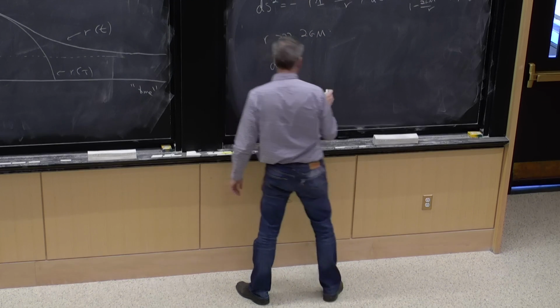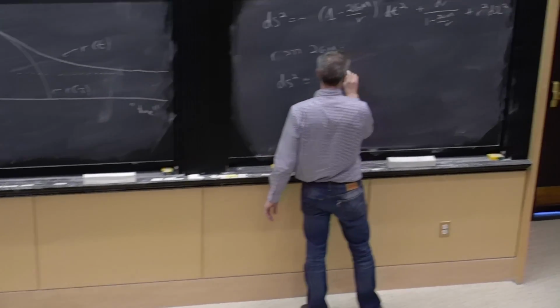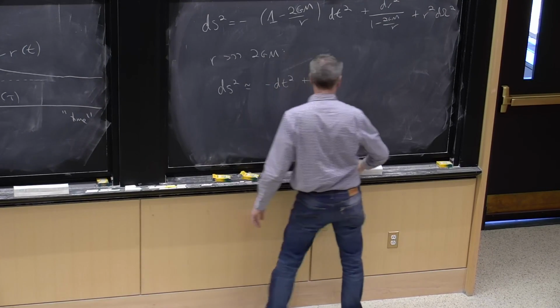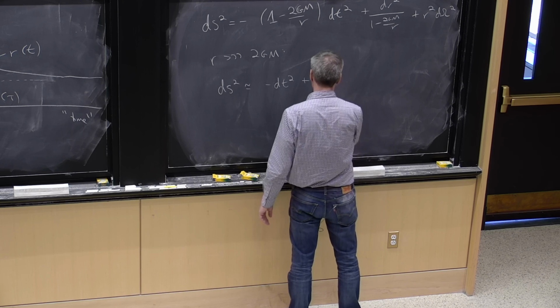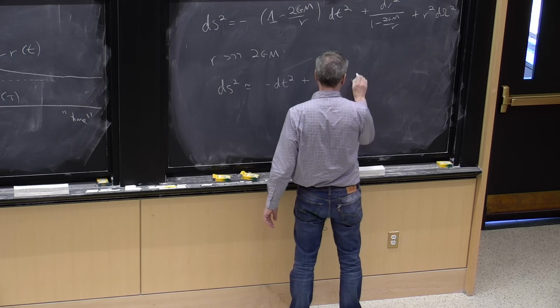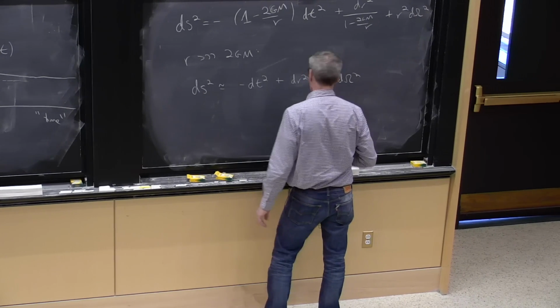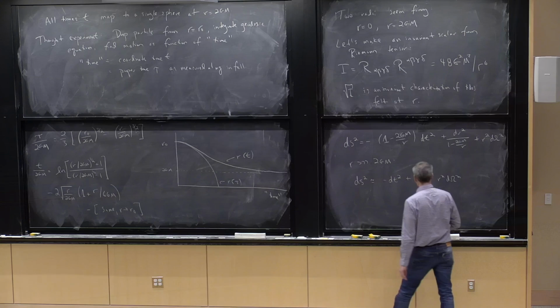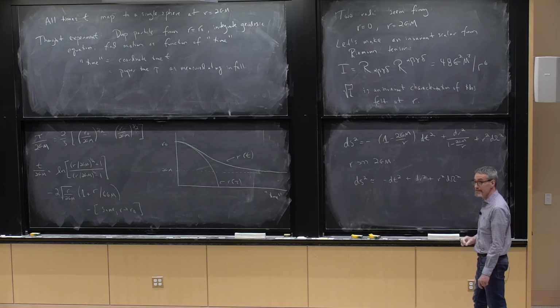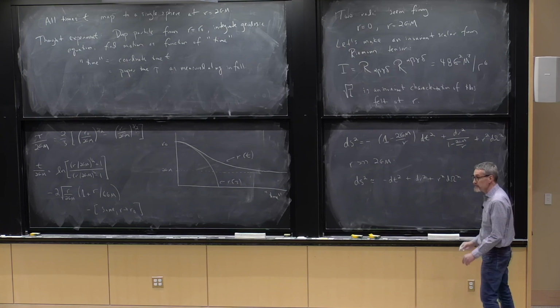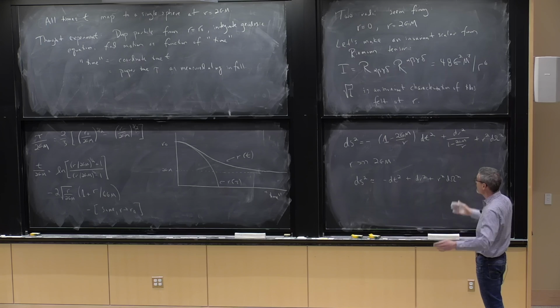For such observers, space-time looks like this. And this is nothing more than flat space-time in spherical coordinates. This is what we call an asymptotically flat space-time. As you get sufficiently far away from the source, it looks just like flat space-time. Essentially, special relativity rules apply.